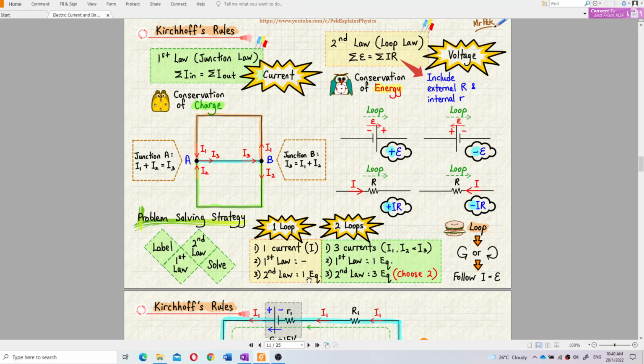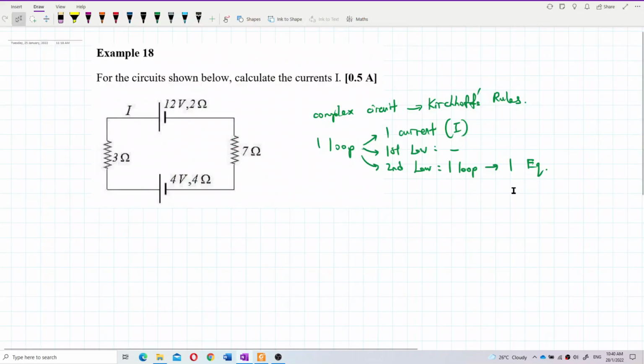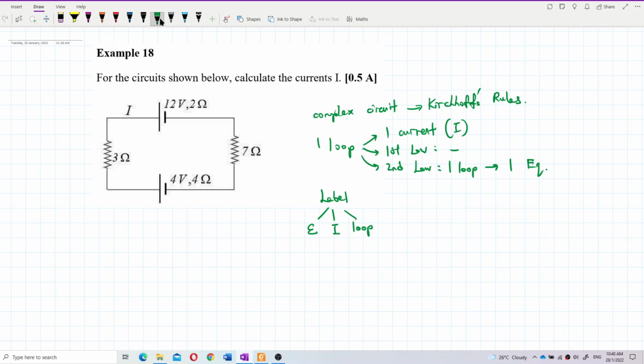So first of all, you need to label first. Remember, you need to label the EMF, label the current, label the loop direction. That's the first thing you should do.